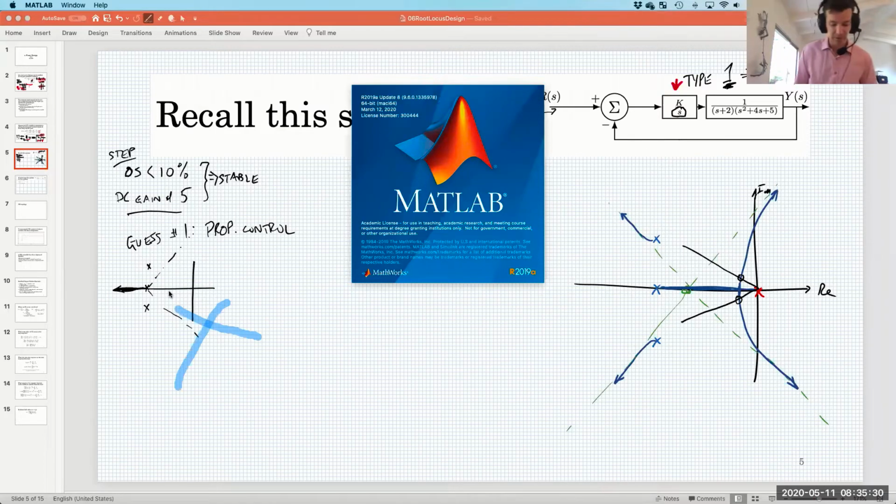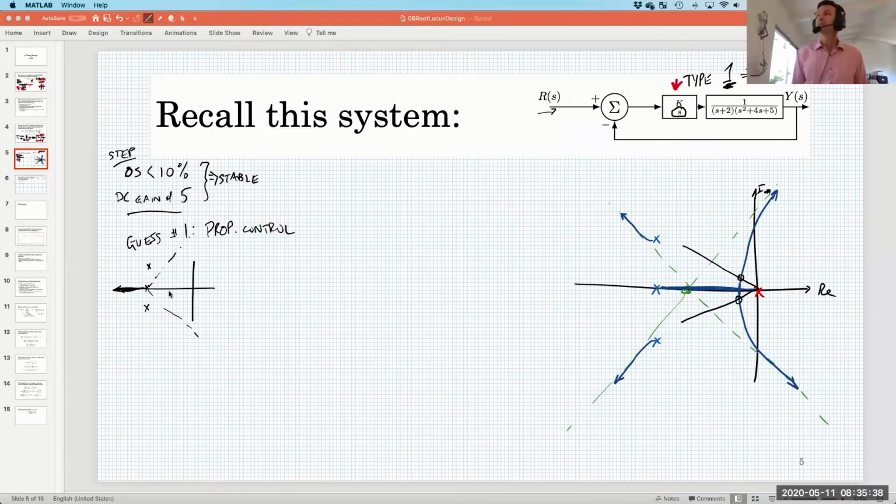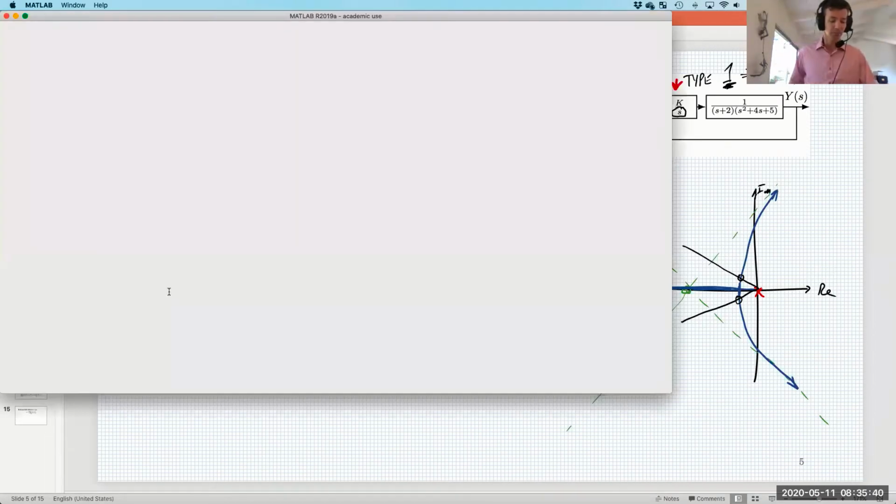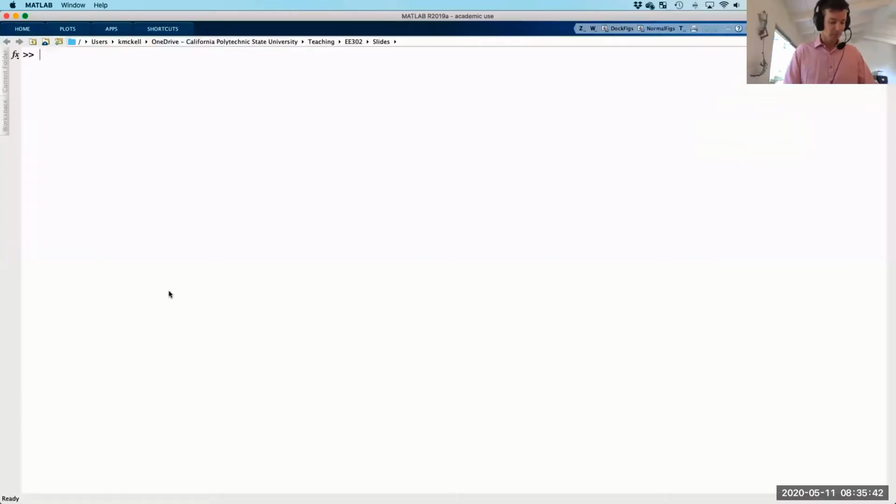Okay, so let me fire up my calculator here. Wait for it. Okay, so we want to find the beta corresponding to a 0.1 overshoot.